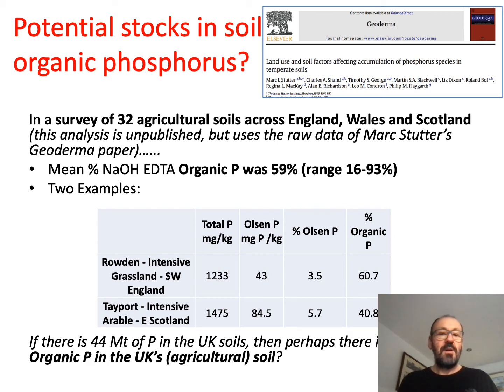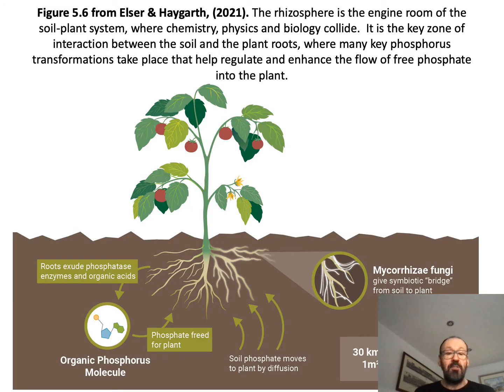So this particular soil had 1475, there was 84 milligrams per kilogram of Olsen's P, which was nearly 6% of the total, but still only a tiny portion of the total, and organic P represented about 41% of the total. Isn't that amazing? And actually, I calculated on the back of the envelope that there are about 44 million tonnes of phosphorus in UK soils, and out of that component, a substantial amount would actually be organic.